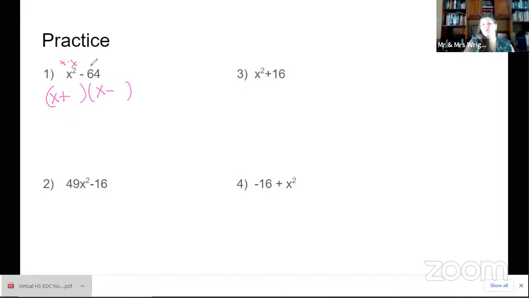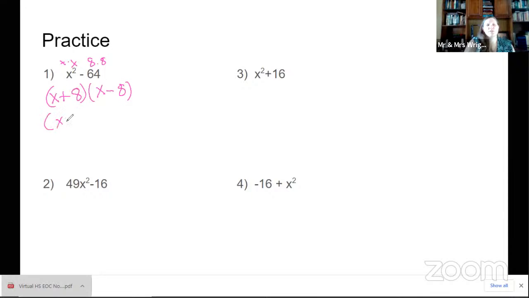And then 64 is 8 times 8. We don't need to pay attention to this negative sign here, okay? That negative is what's going to determine that we have different signs. 8 times 8 is 64. So we're going to put 8 here and 8 here. And we're done. So x plus 8 times x minus 8.